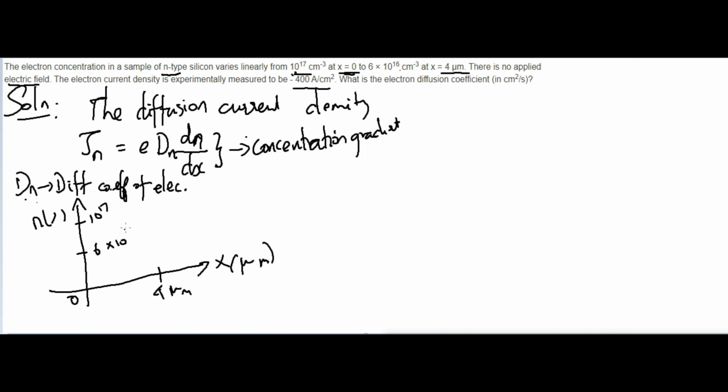When x comes to 4, you get 6 x 10^16, and there is a slight slope, because it has to go down in this manner.